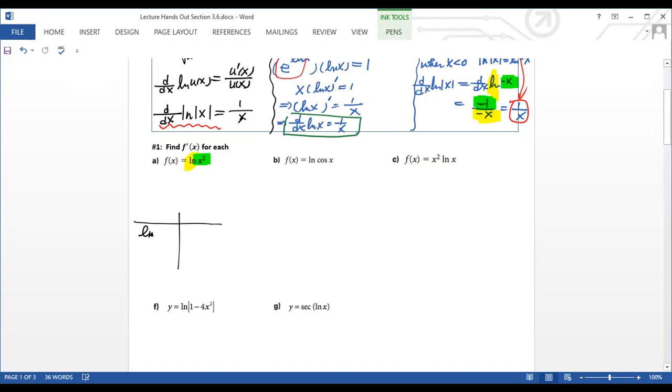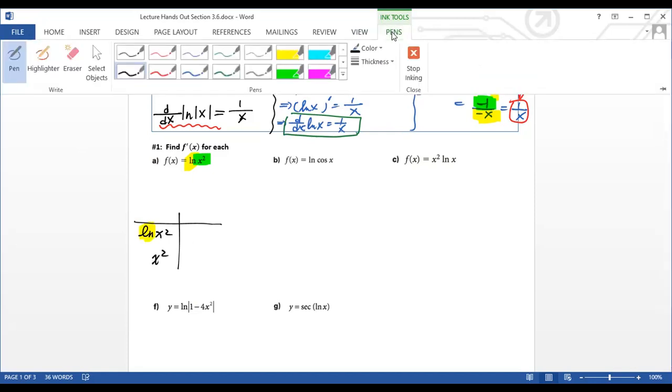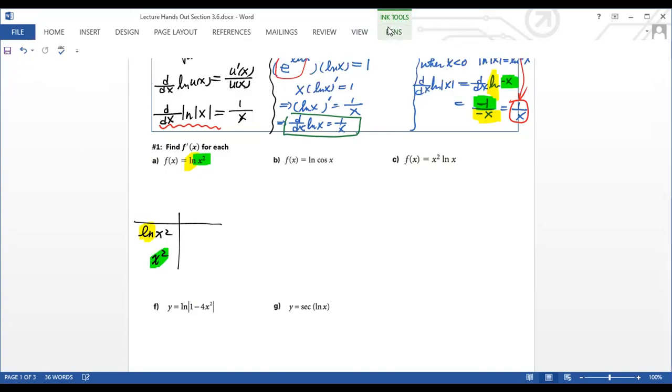The first layer is the natural log, and the second layer is x squared. The derivative of the first layer is 1 over x, so it's 1 over x squared. Then the derivative of the second layer is 2x. Then you multiply them together. So the final answer is 2x over x squared. You cancel one x, so this is 2 over x here.